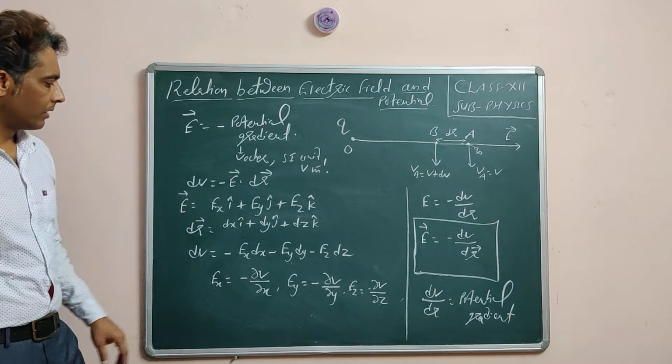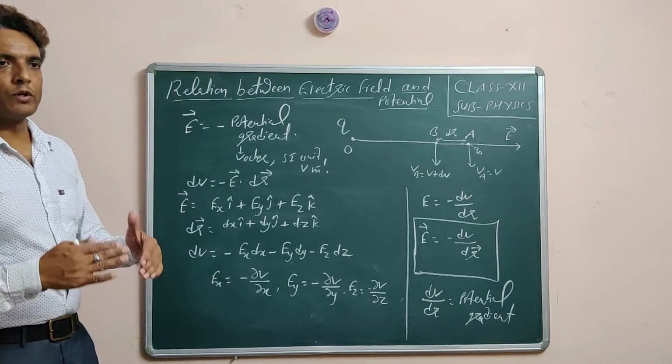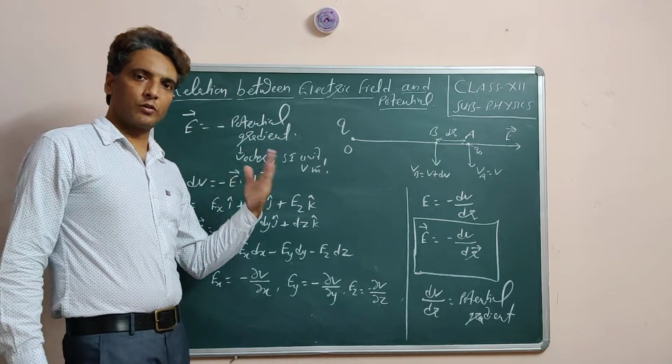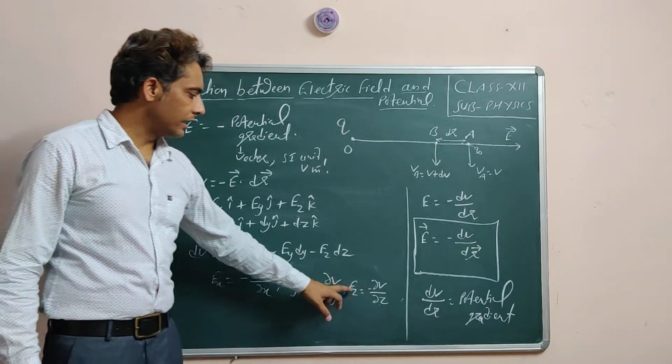This means when we are given potential in a certain region of space in terms of Cartesian coordinates, we can find the electric field in that region of space by finding Ex, Ey and Ez.